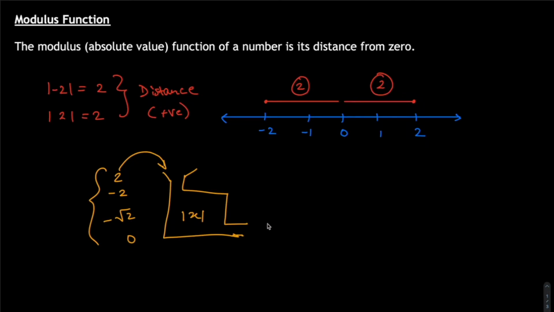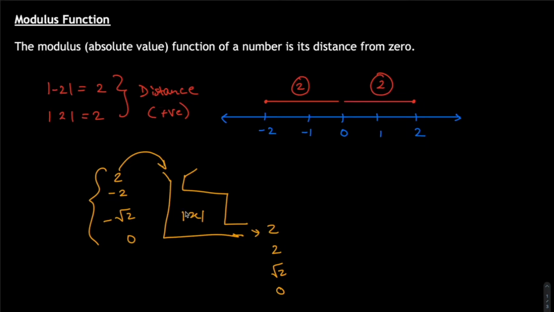For 2, I get 2 because the modulus of 2 is 2. The modulus of -2 is also 2. The modulus of negative square root of 2 is also square root of 2. Just note that the negative sign is outside the square root, not inside, so it is a real number. And the modulus of 0 is 0. These are the values I get upon using the modulus function.